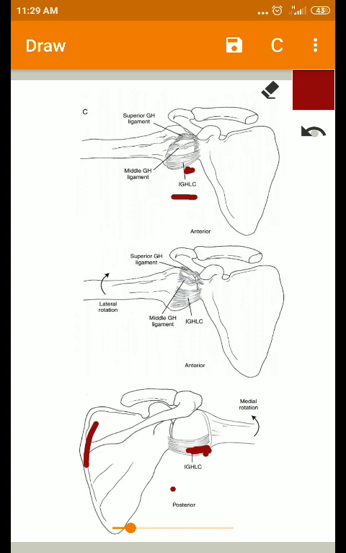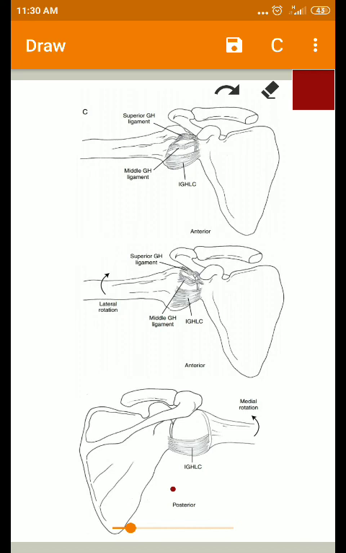So these are all about the functions of the glenohumeral ligaments, and in this we have seen particularly the inferior glenohumeral ligament complex. Another ligament, the coracohumeral ligament, also gives support, forming a part of the rotator interval capsule.